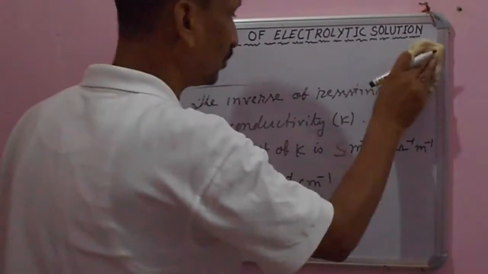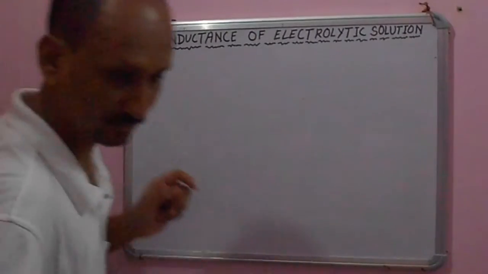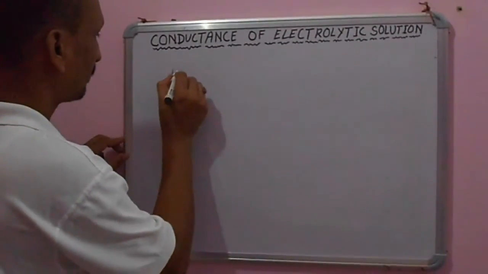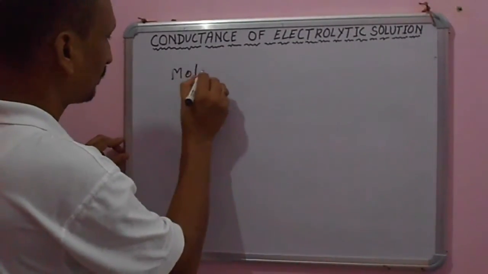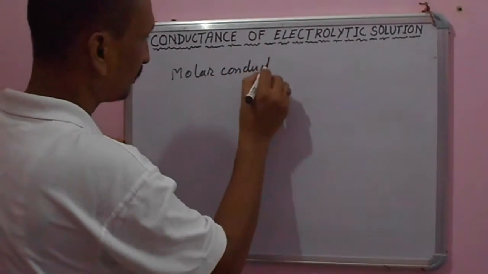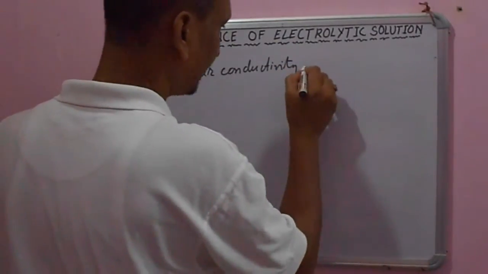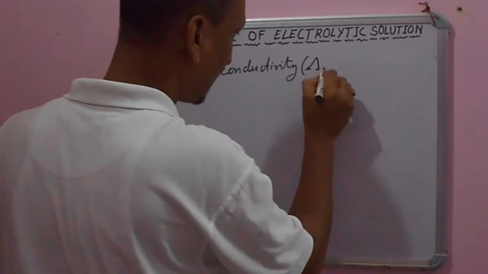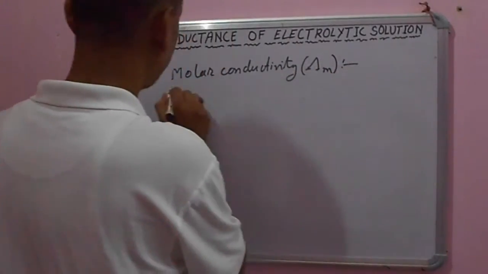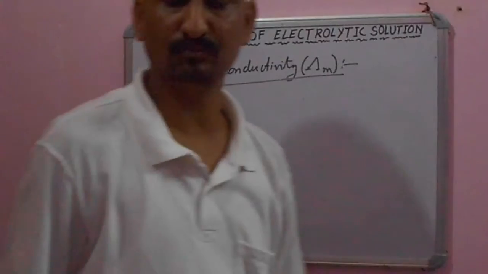So what is molar conductivity, that you have to know. Molar conductivity is denoted by lambda m.